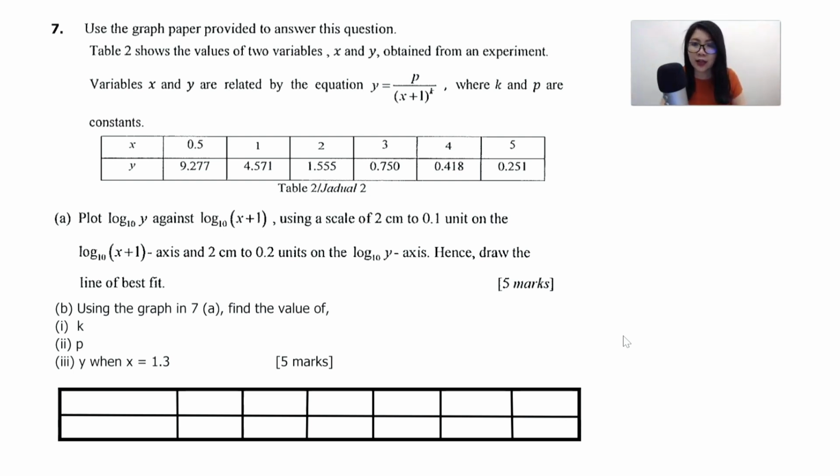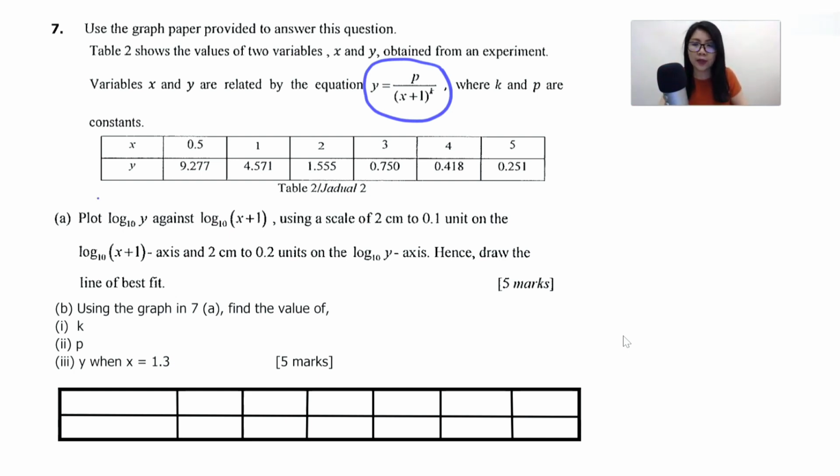Let's read on. Table 2 shows the values of two variables x and y obtained from an experiment. Variables x and y are related by the equation, so this equation is very important: y = p/x + 1 holding power k, where k and p are constants. So they give you a table of x and y, and then we read on for (a): plot log y against log x plus 1.